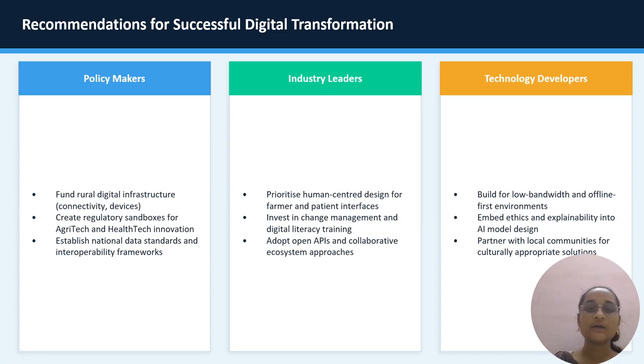And then third is technology developers. Build for low bandwidth and offline-first environments. Second one, embed ethics and explainability into AI model design. Third one is partner with local communities for culturally appropriate solutions.